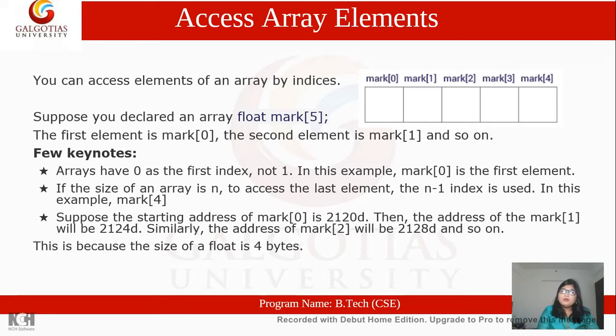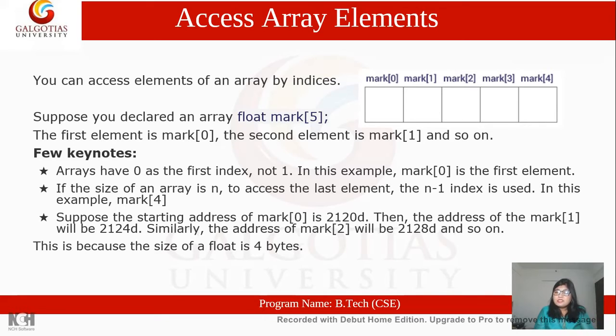Now there are a few keynotes which you have to remember: arrays have 0 as the first index, not 1. Why am I telling this again and again? Because when you talk about any list or any queue, we start with a sequence, and in the sequence we always have a first thing. And when we say first, automatically it comes into the picture that the value is 1. But here the case is different.